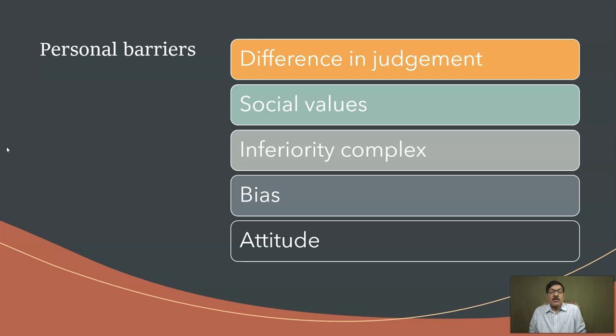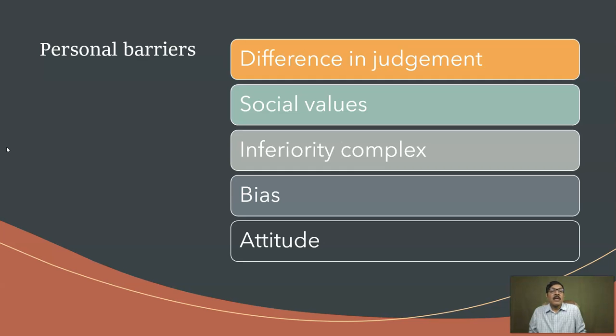Credibility gap, sometimes also inconsistency between what one says and what one does, also acts as a barrier to communication. Your age and where you come from have a lot to do with how you communicate with your superiors or your juniors. Personal barriers to communication are often attitudes that can be changed.